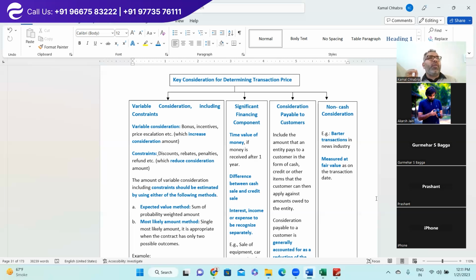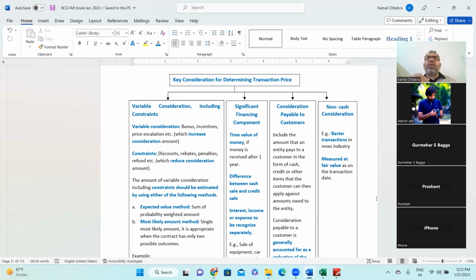For example, if you have sold a laptop along with an AMC, the AMC is a value addition to the laptop deal, so the price is increasing on account of the AMC. Whereas if you are selling the laptop and giving a certain discount, that is reducing the price of the laptop. That is called constraint to the variable consideration. The thing which is increasing the price is variable consideration, and the thing which is reducing the price is called constraint to the variable consideration. Make sense?